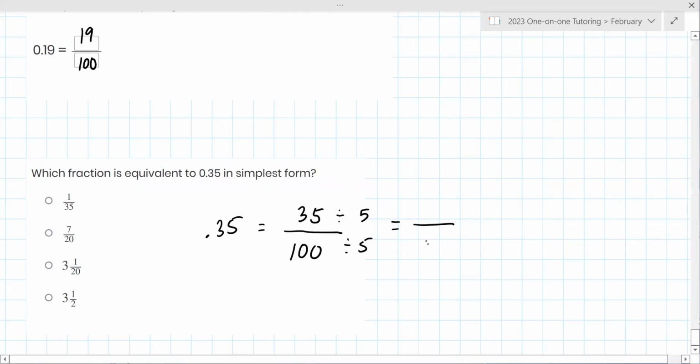So 35 divided by 5 is 8 and 100. It's not 8. Try again. 7. Good. And then 100 divided by 5.